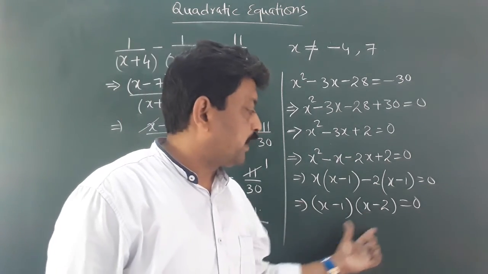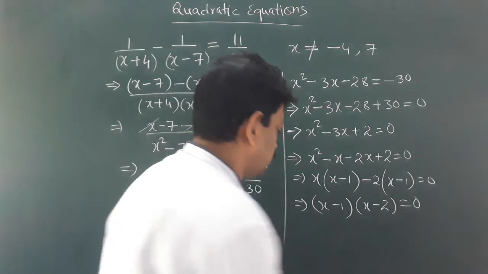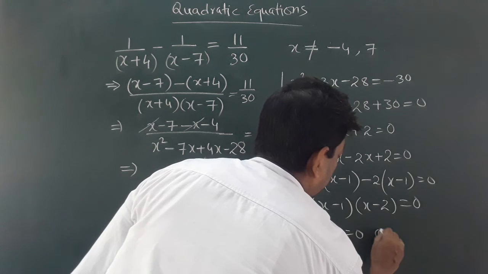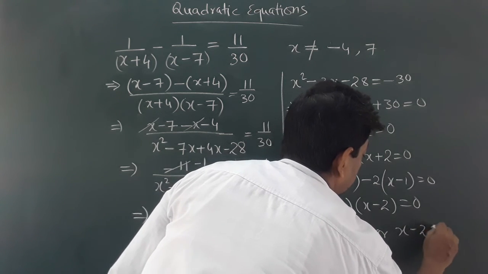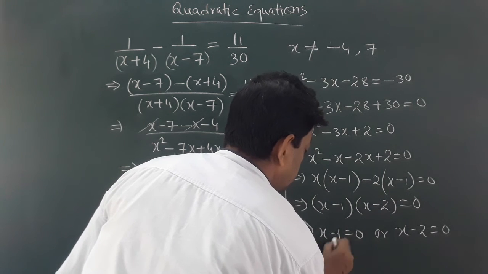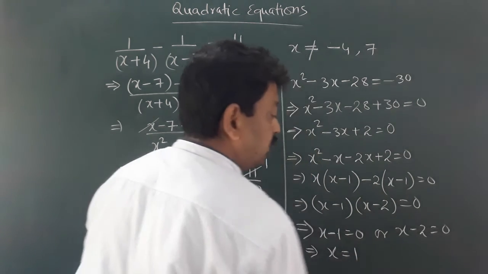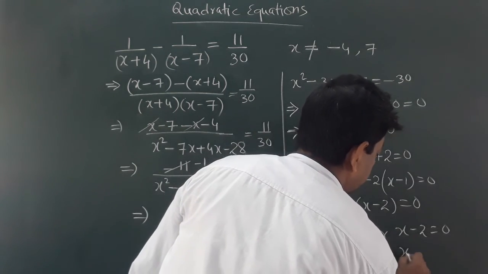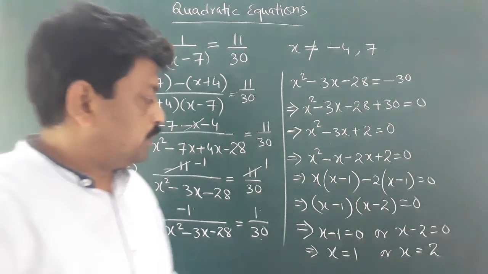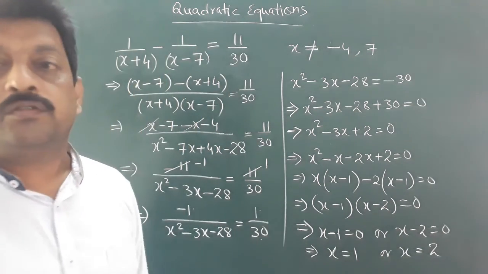The product of these two factors is 0. So either the first factor is 0 or the second factor is 0. That means either x minus 1 equals 0 or x minus 2 equals 0. Now if x minus 1 equals 0, then x equals 1, and here x equals 2, since minus 2 will become plus 2. Therefore 1 and 2 are the roots of this quadratic equation.